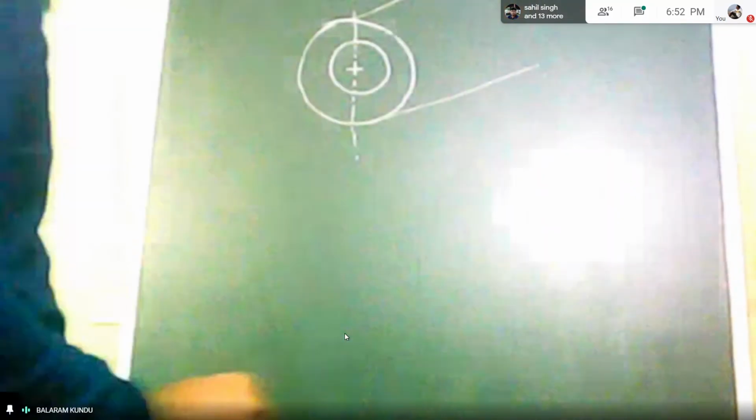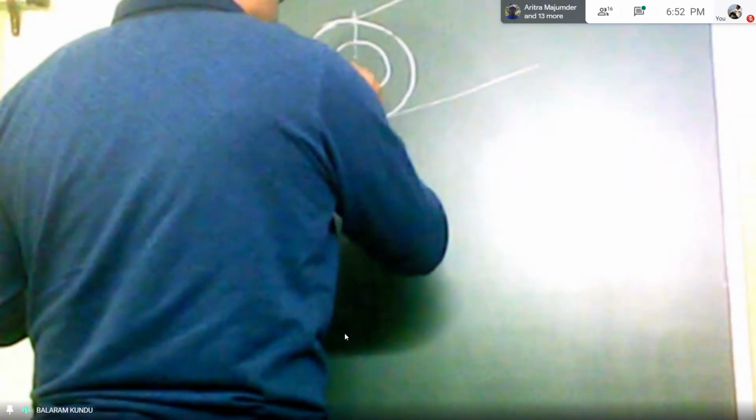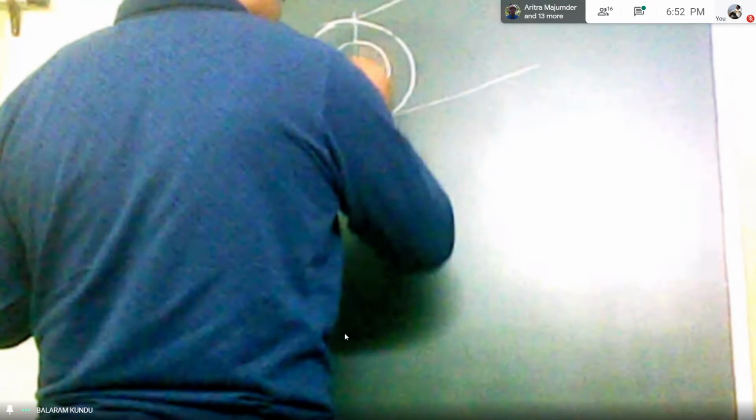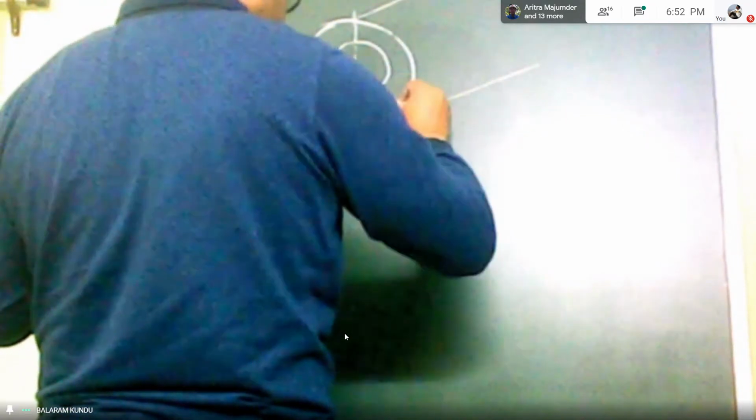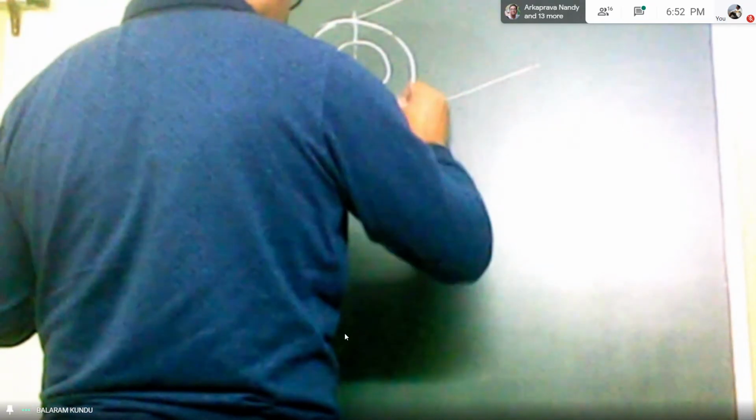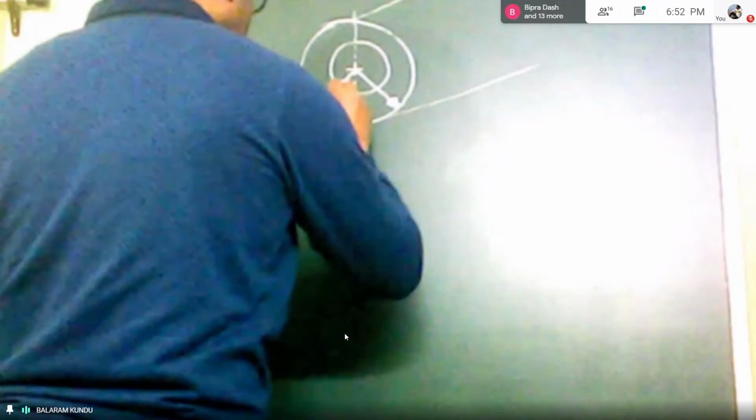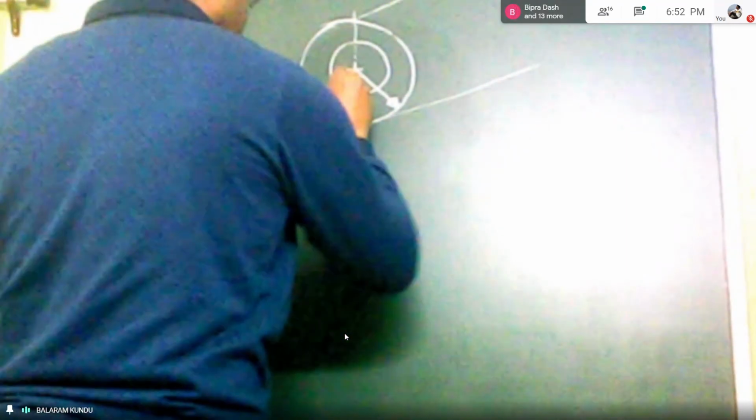This is your concentric circular hollow cylinder of inner radius Ri and outer radius Ro. So this is your inner radius Ri and outer radius Ro.